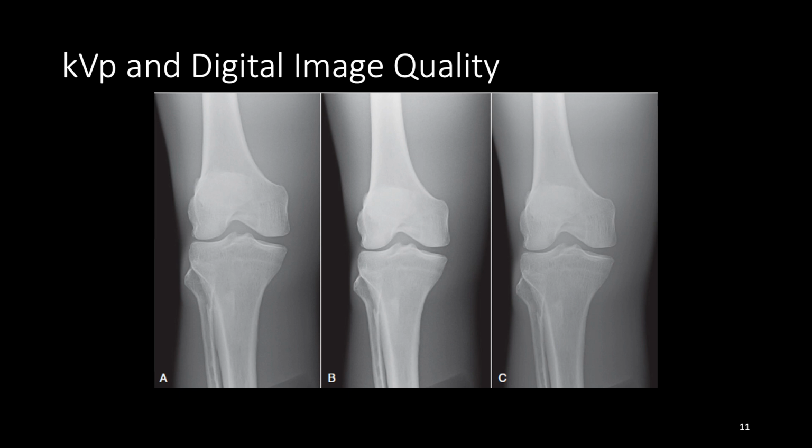However, the increased quantum noise is visible with image B. In image C, this image was produced using 93 kVp at 2 mAs and results in lower subject contrast, and the computer adjusted it to maintain brightness. However, the patient exposure is increased for image C.